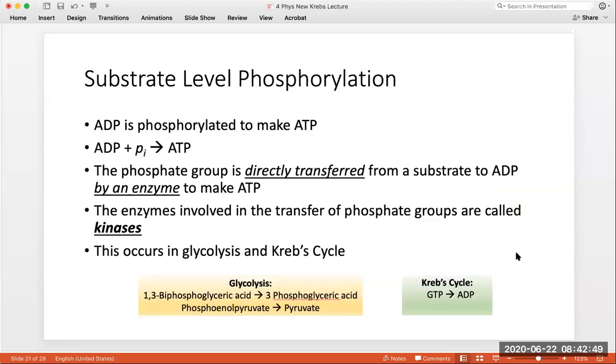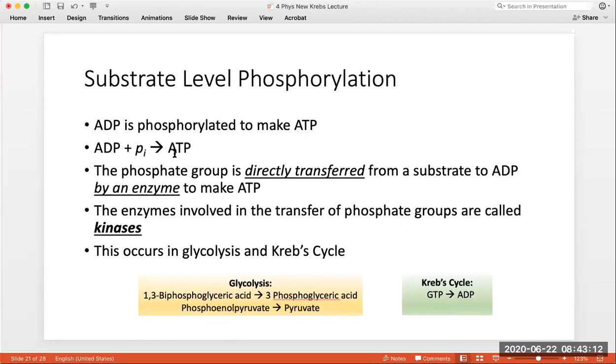So through glycolysis, Krebs cycle, and electron transport system, we've actually talked about two types of phosphorylation. In glycolysis and Krebs cycle, you have what's called substrate level phosphorylation. The phosphate group that is used to attach to ADP is pulled off of a substrate. So ADP is phosphorylated to make ATP.